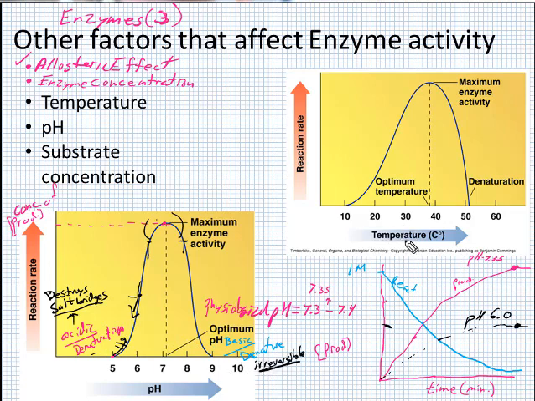Same sort of thing happens with temperature. So here they have the temperature. I'm guessing this is about 37 degrees Celsius. That's normal body temperature, and we're warm-blooded animals. Our enzymes are designed to work at this temperature optimum. If the temperature gets too high, that's what happens in a fever.